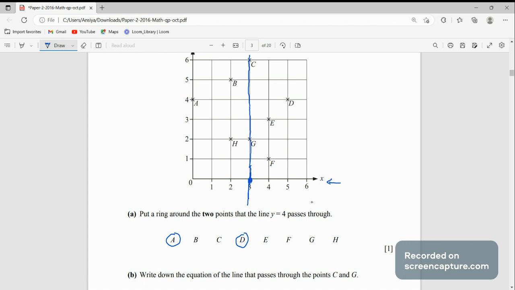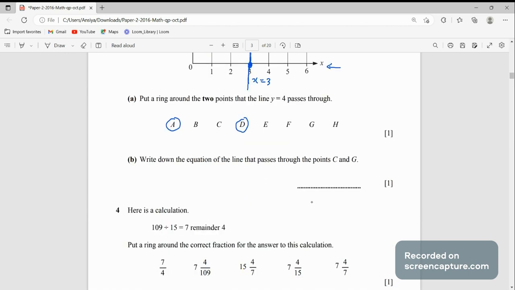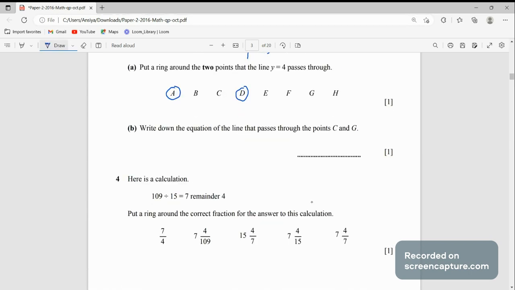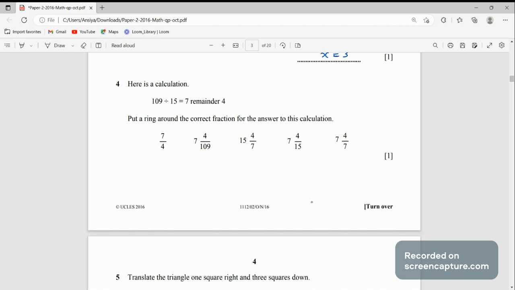See, whichever point we choose, the x value is 3. The y value will change, but the x value is 3. So the line's equation is x equals 3. That's a way we can name a line. So the equation of that line is x equals 3, because that line passes through the point x equals 3. Another one. Here is a calculation.